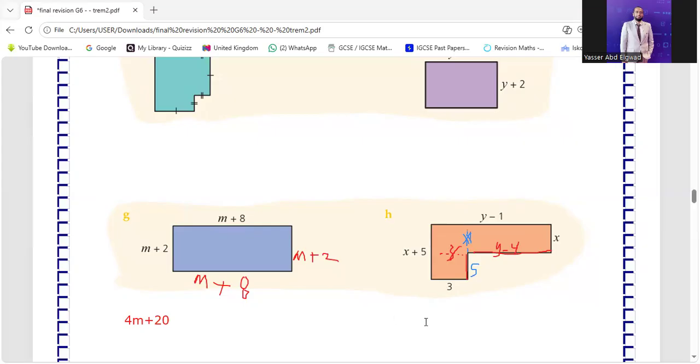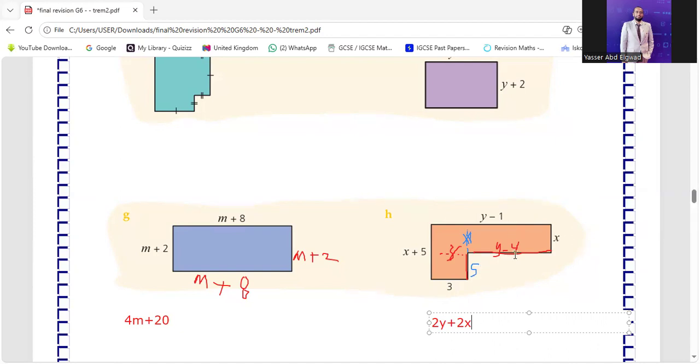The next, we add y and y, we get 2y, and so on. Here we have x, 1x, x plus x, we get 2x. And next one, here is -1, -4, -5, and here is 5.